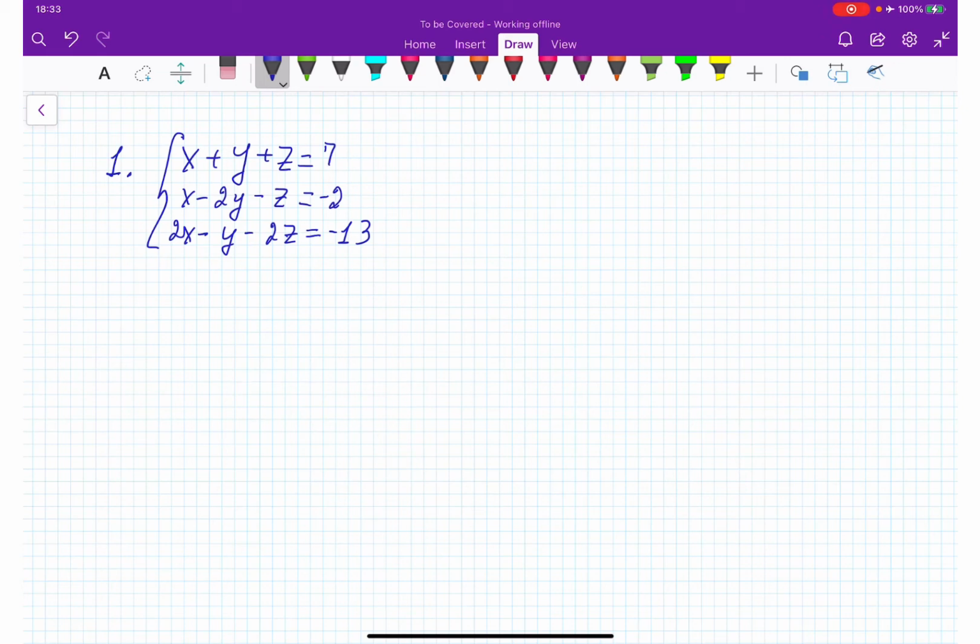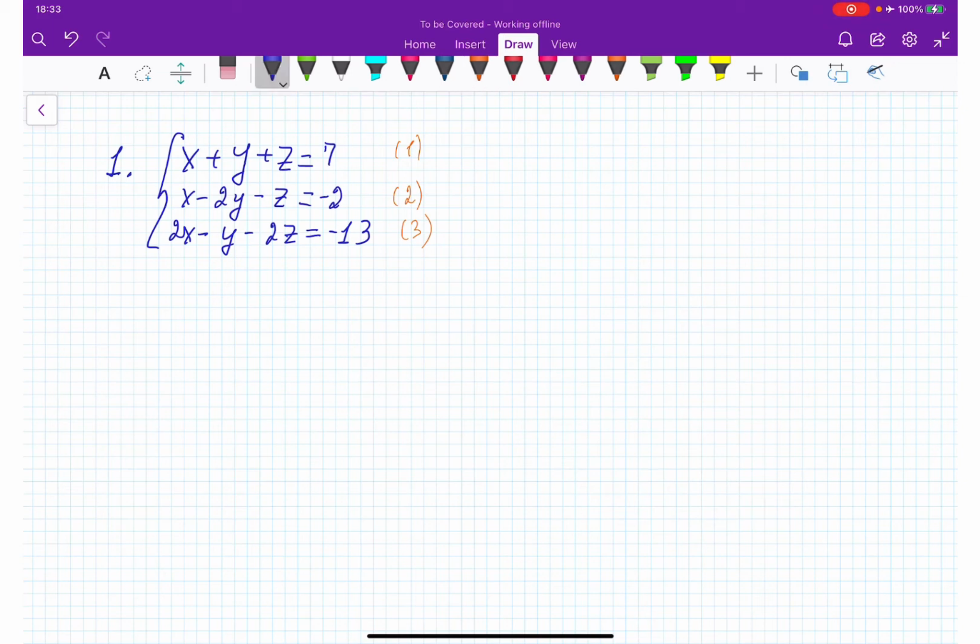Let me write down: first one, second one, third one. I'm going to choose first and second because in one I have z positive and in the other one I have z negative, and I can cancel them out.